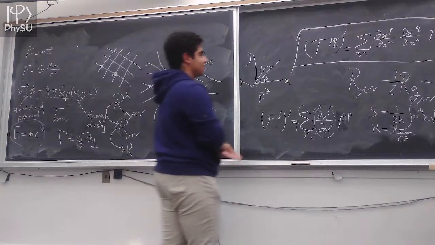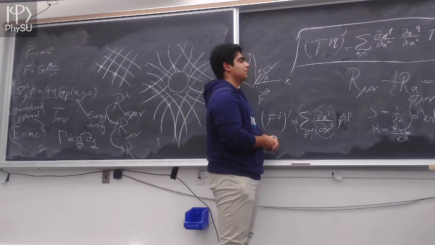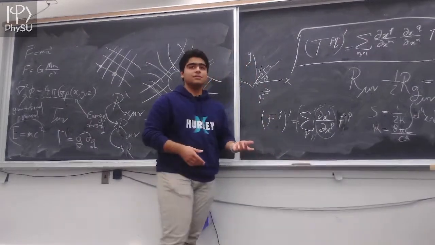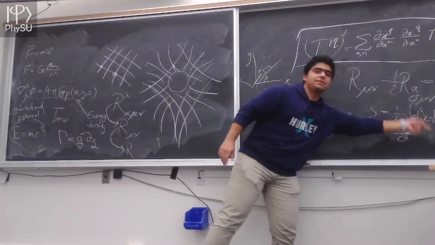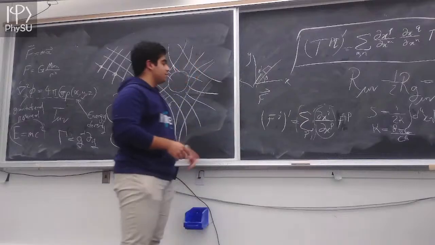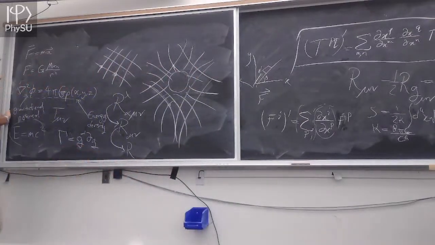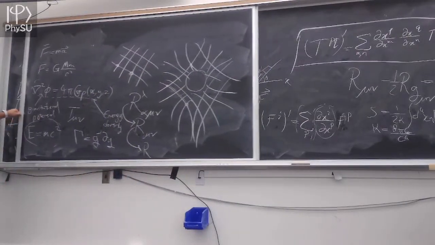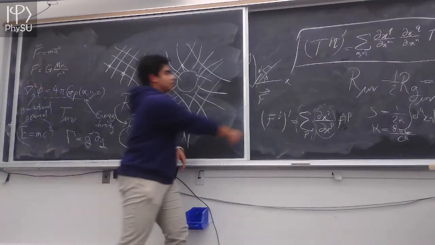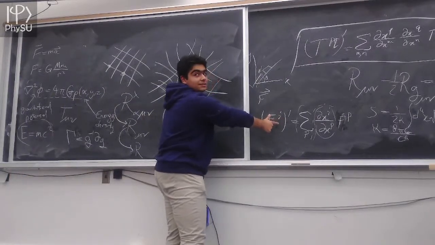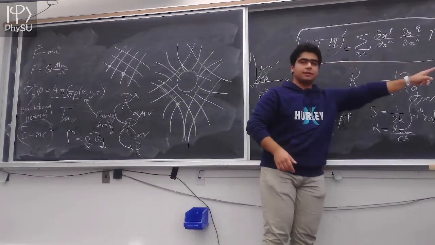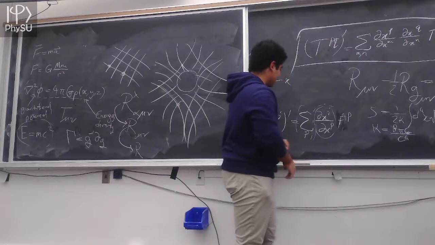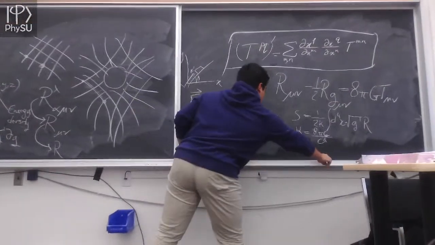A scalar would be a rank 0 tensor. If you remember, we don't put any index for scalars. For vectors, we put one index when we were doing the dot product. A rank 2 tensor would be something like this with two indices.